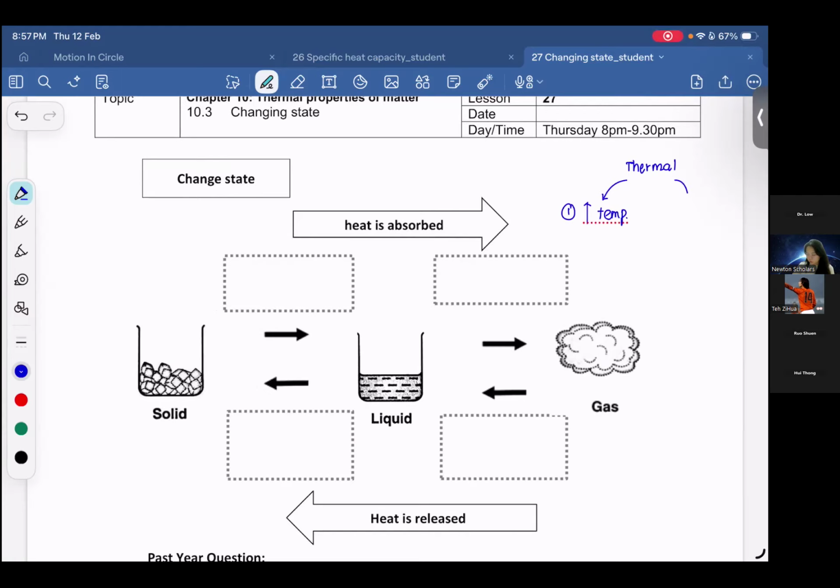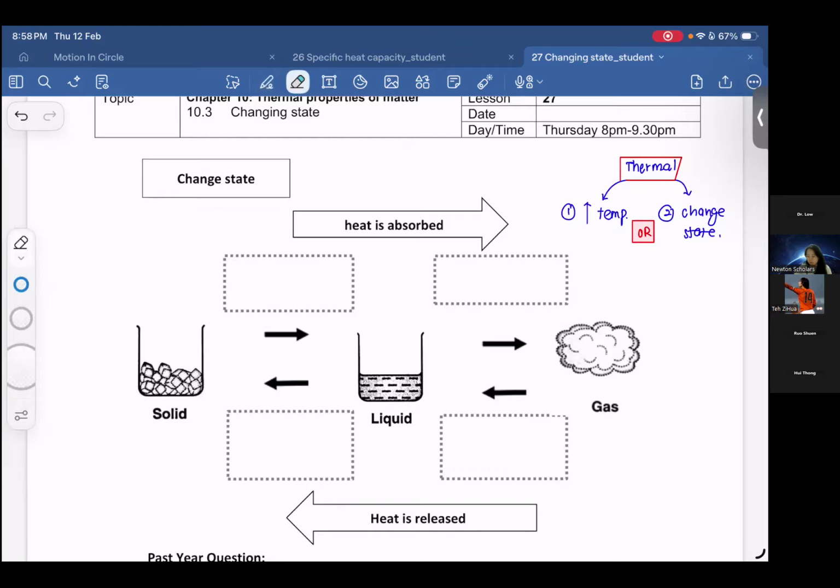The other is that we absorb the heat but change the state. This cannot happen both at one time. Either one. Thermal energy that we supply is either used to change the temperature or to change the phase. Changing the phase means from solid to liquid, liquid to gas. That is called changing of phase.